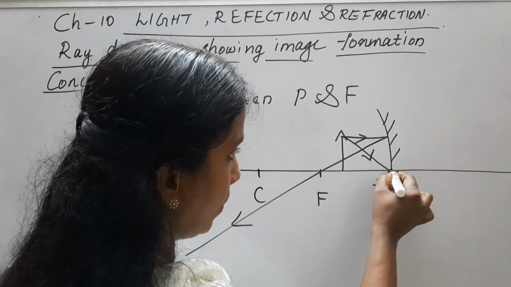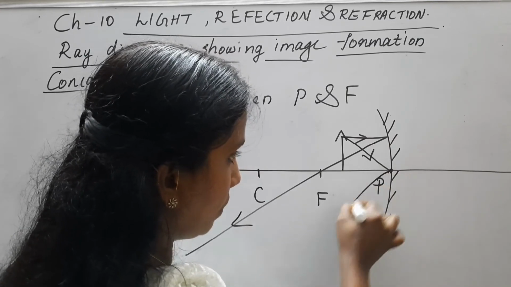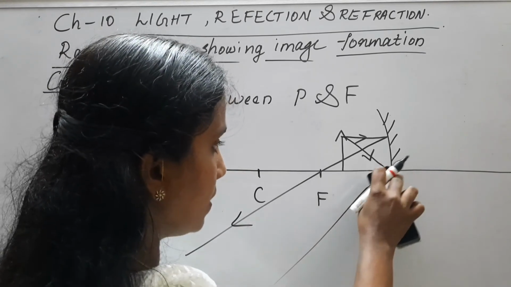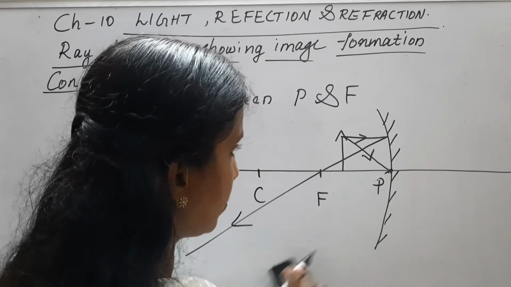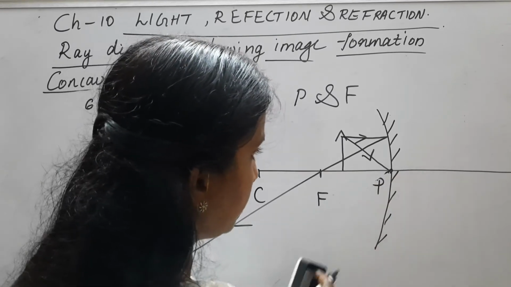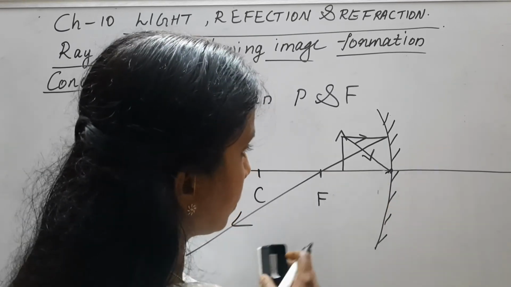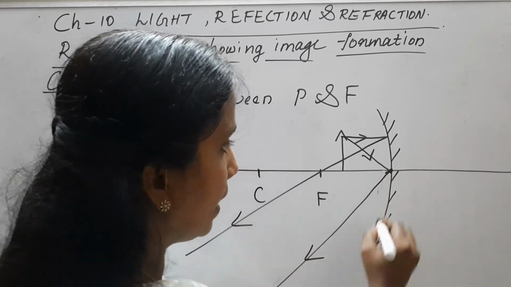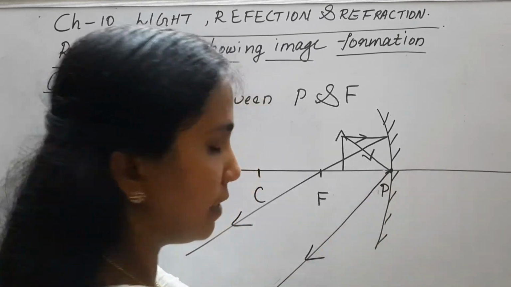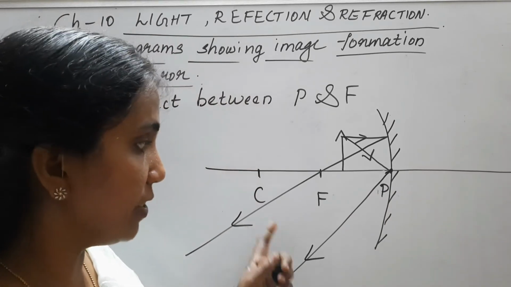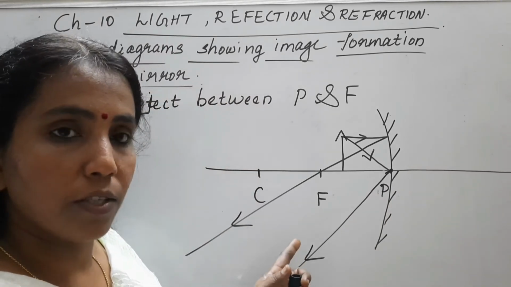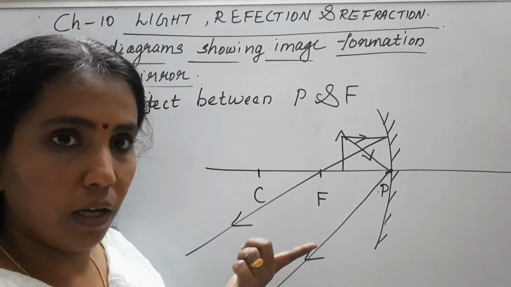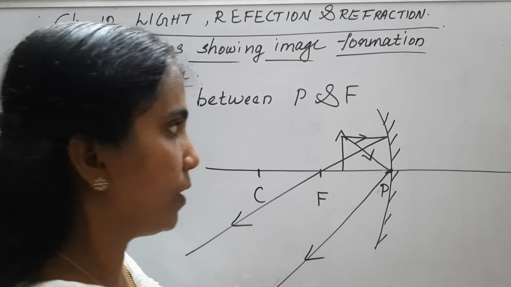It will be making the same angle with the principal axis. Draw the rays straight. You can see that the rays are diverging. The reflected rays are diverging, so they do not intersect each other. Of course a real image will not be formed.